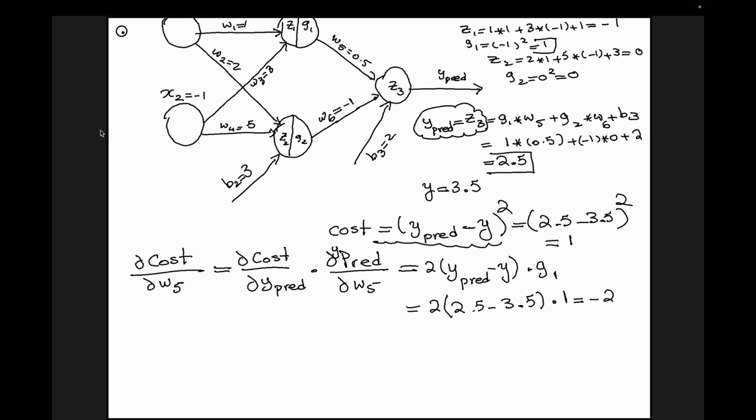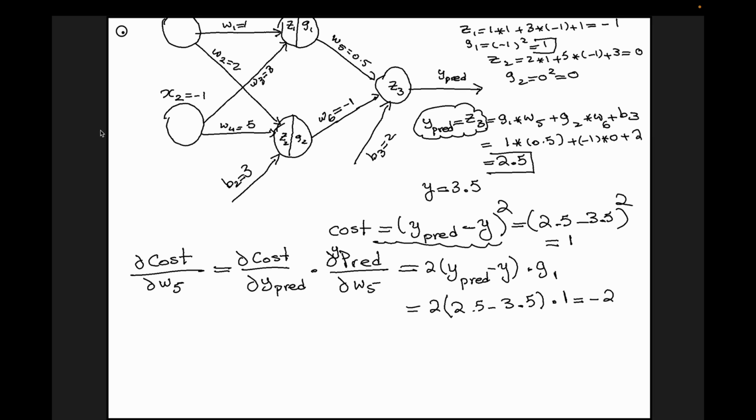What we are going to do in order to update it is use an algorithm called stochastic gradient descent, or gradient descent. We say, okay, I know the effect of this weight on this cost, so I'm going to go in that direction. Since I'm minimizing it, I go against that direction.